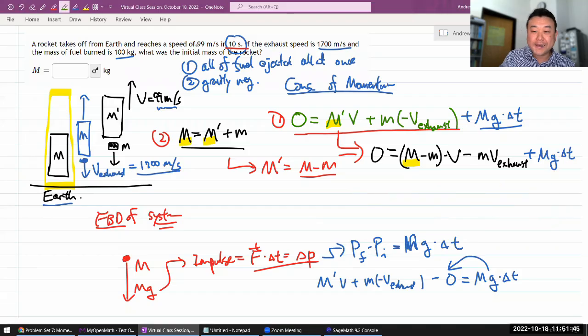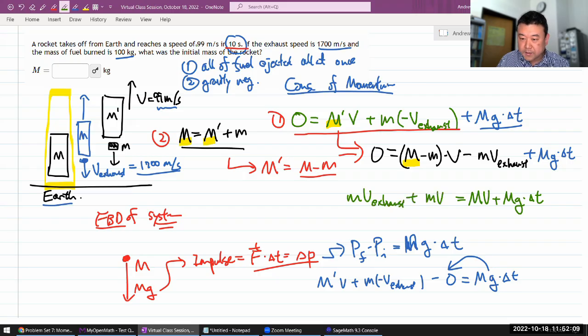So let me collect all the like terms on the right hand side. That's going to be mv plus mg times delta t, and collect all the other terms on the left hand side, moving this over. That's mv exhaust, and then move that over, plus a small mv.